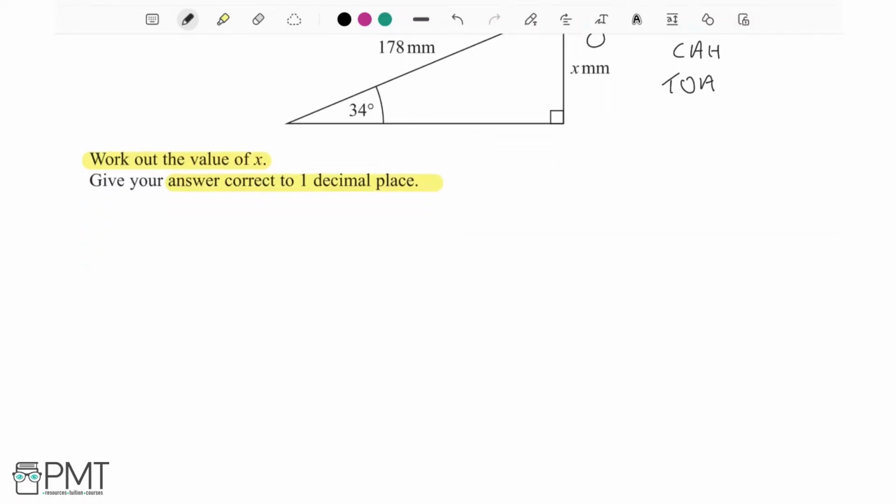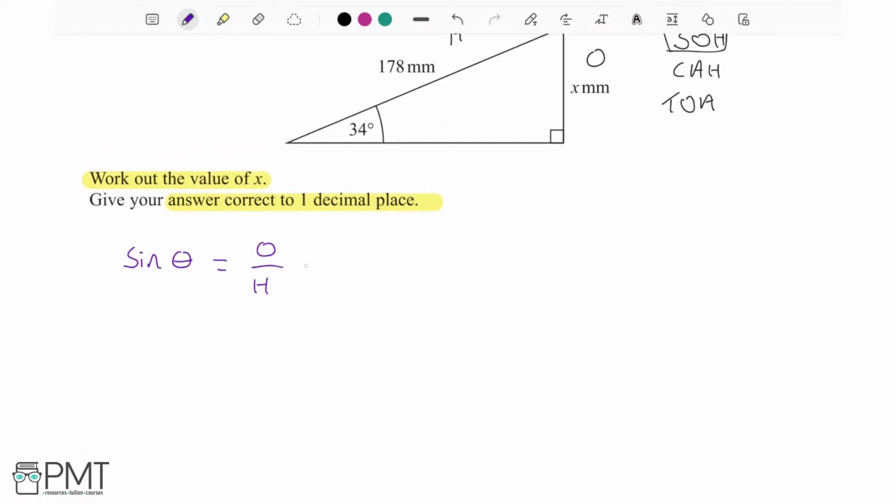This rule says sine of our angle theta is our opposite over our hypotenuse, and because we're trying to find our opposite here, we rearrange this and say that our opposite is our hypotenuse times the sine of our angle. So this means it is 178 millimeters times sine of 34 degrees.